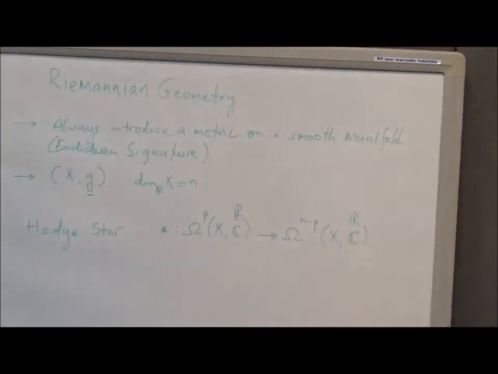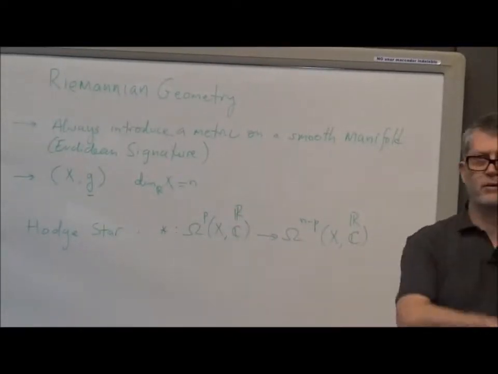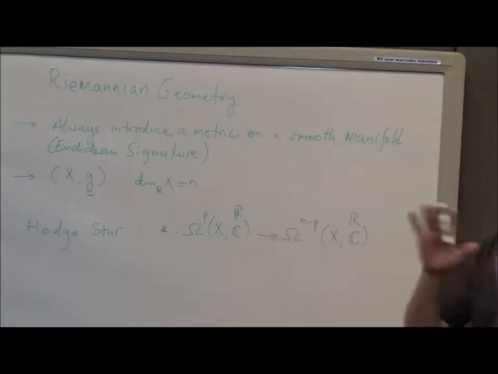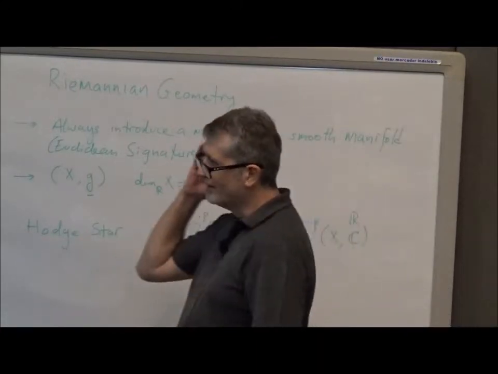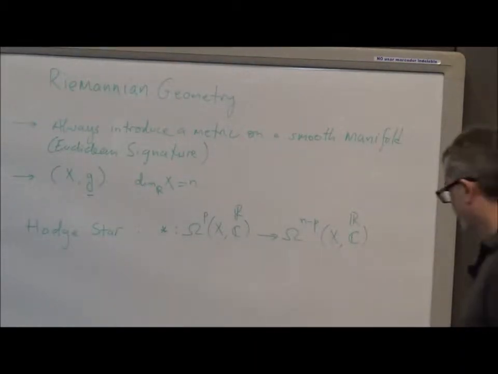So this is an extra structure above the fact that we have a smooth manifold. We have completely inequivalent metrics. So we start with the topological space, then we have smooth structures, and now we have metrics on them. So they're all different. You have to keep in mind they're all different. So it's a map like that.